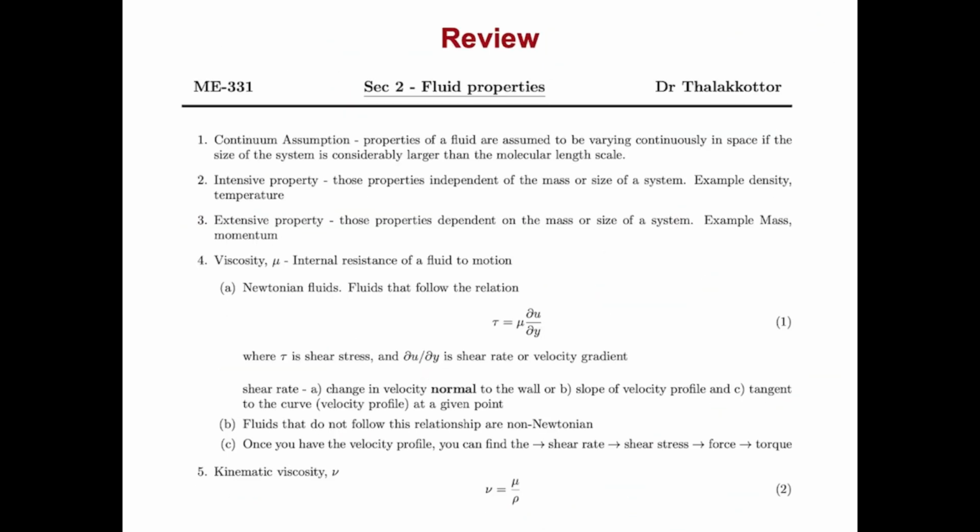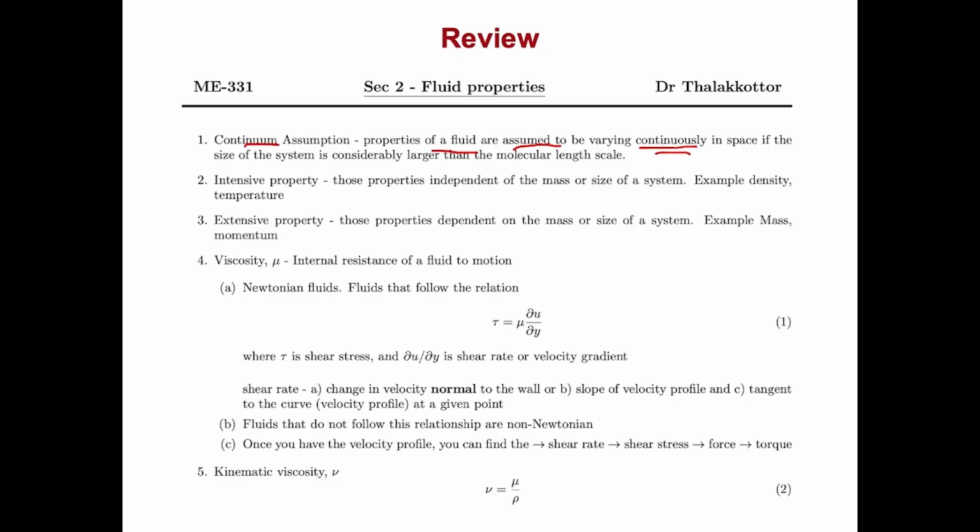So finally, coming to the last part of just reviewing the topics covered here, right? The first thing we talked about was the continuum assumption, where we said that the properties of a fluid are assumed to vary continuously. That's literally where the name comes from, right?